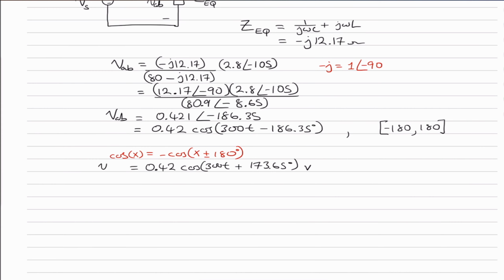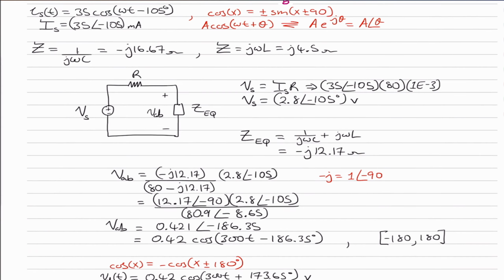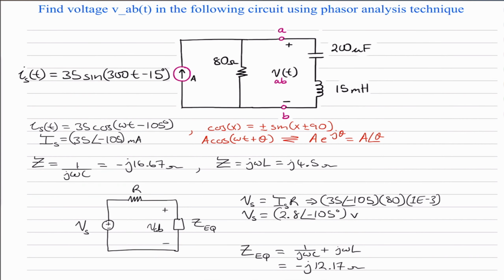So this is VAB of t, the voltage across the capacitor and the inductor. So we can then use the node voltage method to find the voltage across our capacitor and inductor.